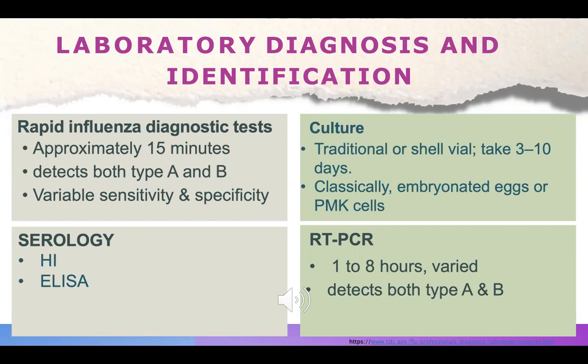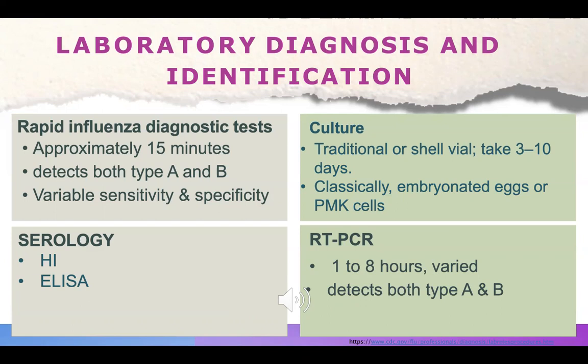Viral culture procedures usually take about 3 to 10 days. Classically we use embryonated eggs or cultures using primary monkey kidney cells. Usually we do not include serum, but definitely trypsin is used.